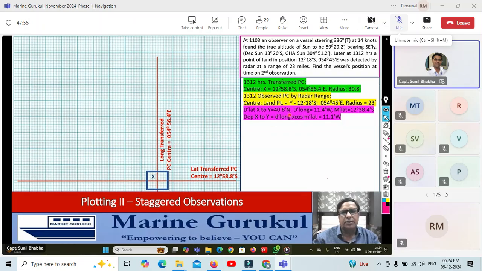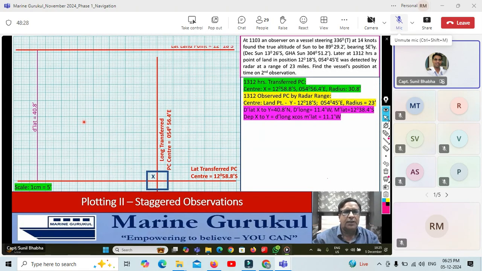Now, using a suitable scale, we have taken 1 centimeter representing 5 miles, because distances involved are slightly larger, like 23 miles and 30 miles. Using this scale, we can mark off the D-lat and get the latitude of the point Y. The D-lat was 40.8 minutes north.